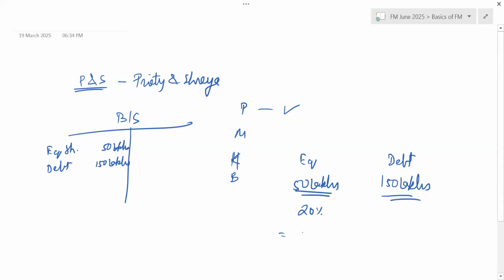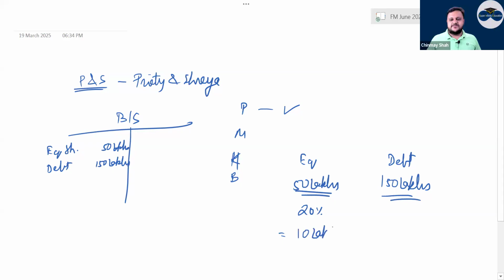Let's do it in millions only. 50 million and 150 million. So 20% would be how much? 50 million into 20%, that is nothing but 10 million.